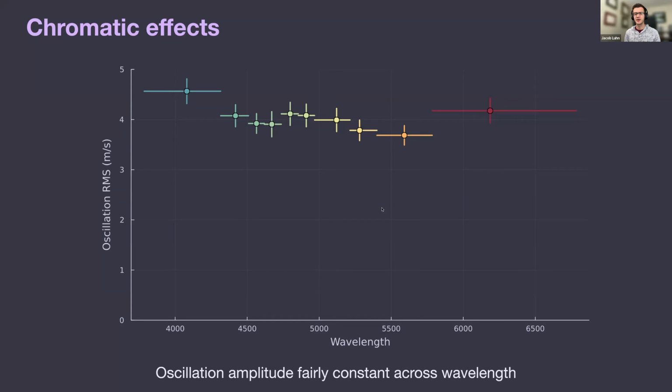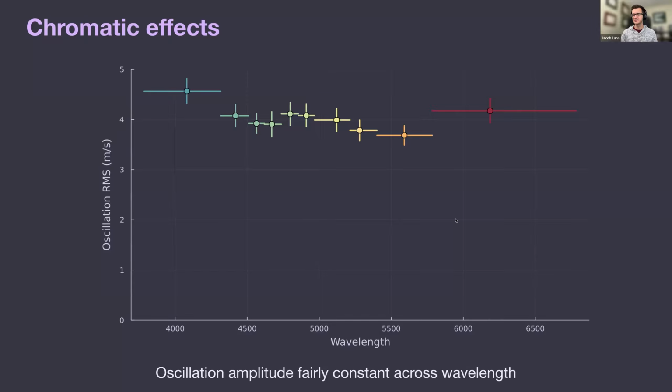And so again, thinking about either diagnostics or ways of avoiding or mitigating p-modes, it seems that p-modes are roughly constant across all wavelengths, at least in this subgiant star.